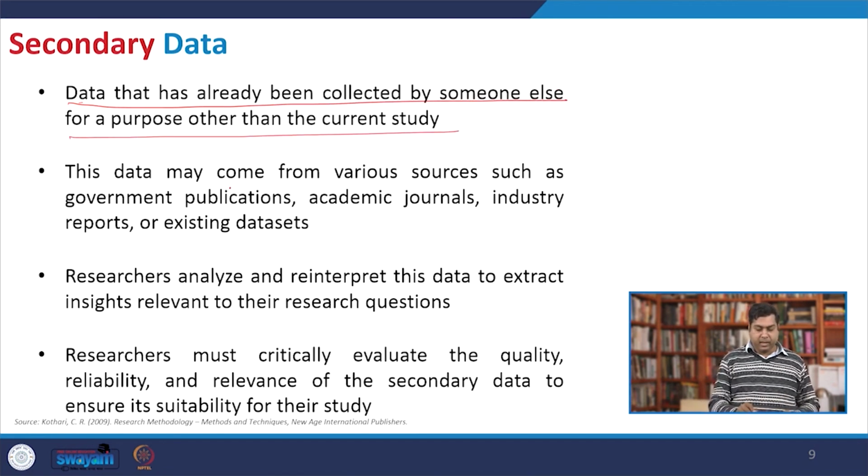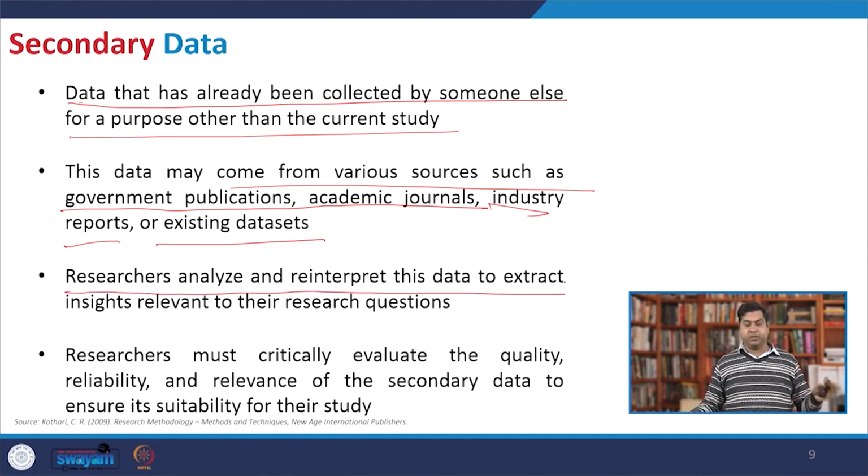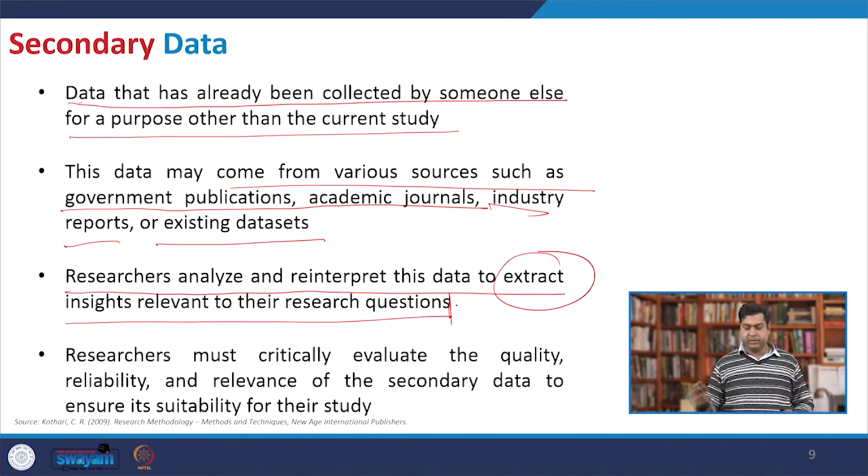The data may come from various sources such as government websites, government publications, academic journals, industry reports, or any other existing data set, or it may be something your co-researcher has also collected as part of their study. Researchers analyze and interpret this data to extract the insight relevant to their question.